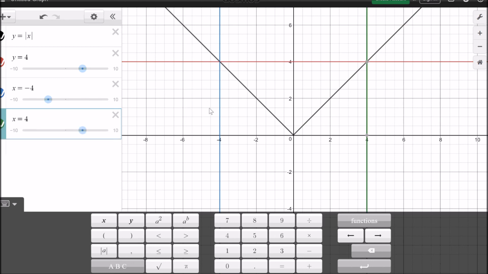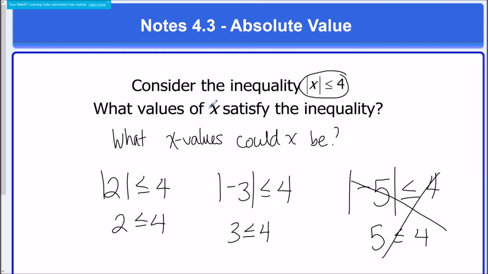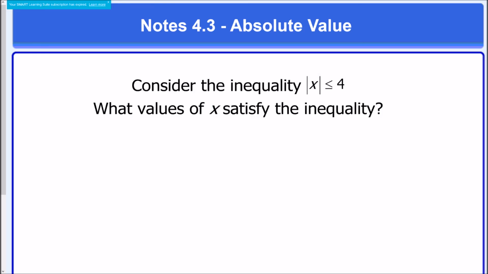Okay, so therefore my solution set, my answer to this problem, is going to be anything between negative 4 and positive 4, or negative 4 is less than or equal to x is less than or equal to 4. That is my solution set right here.